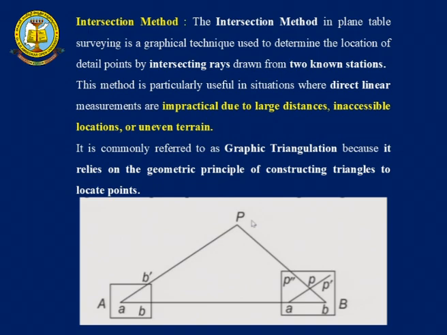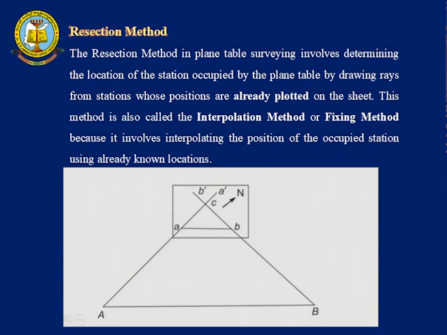In the same way, another method is the resection method. What is the resection method in plane table survey? It determines the location of the station occupied by the plane table by drawing rays from stations whose positions are already plotted on the sheet.